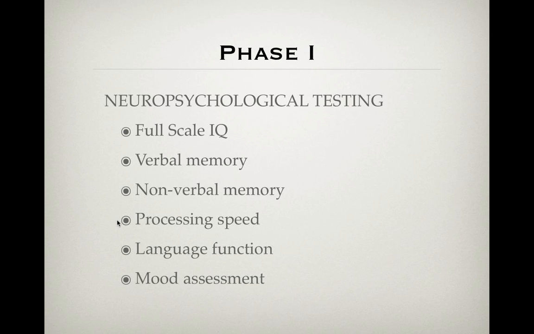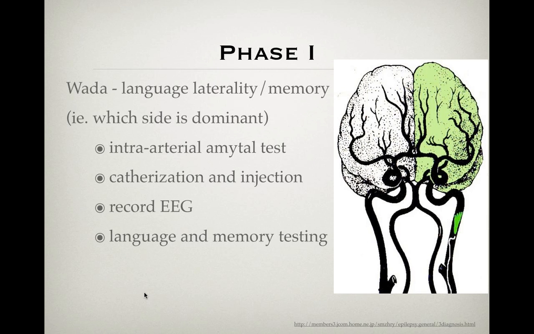How quick on your toes are you? How are you able to process a large amount of information? Test language function, and also mood. Again, a very important and often overlooked or underappreciated part of the epilepsy surgery evaluation.